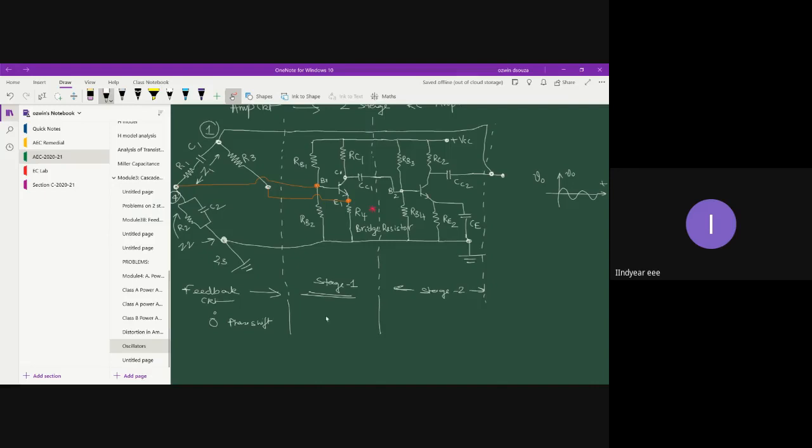Stage 1 gives 180-degree phase shift, and stage 2 gives a further 180-degree phase shift. Therefore, the total phase shift of the amplifier section is 180 plus 180, which is 0 degrees. Or 360, doesn't matter.